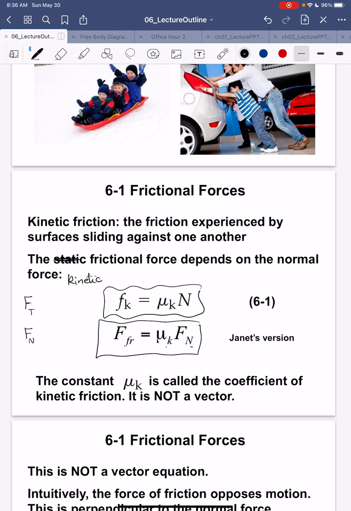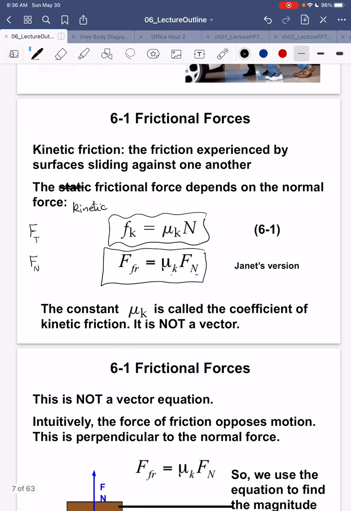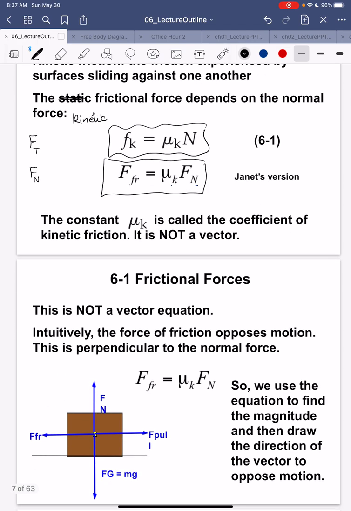Okay, then let's stick maybe with FF, friction. And here mu k is a constant, it doesn't have any unit. It is called the coefficient of kinetic friction, and that constant depends on the two surfaces that are in contact.